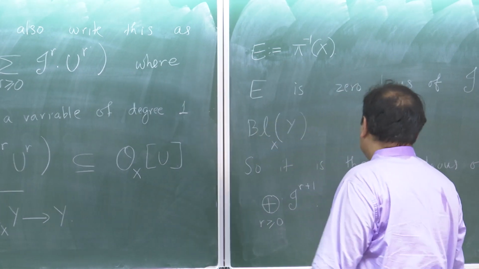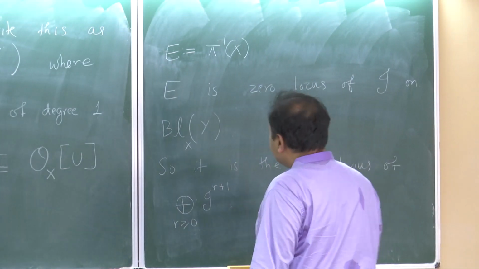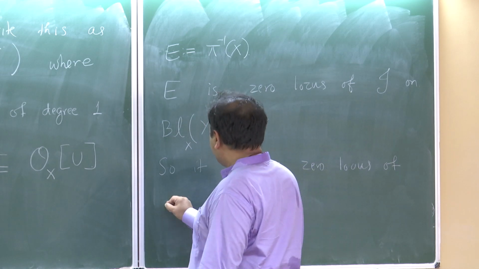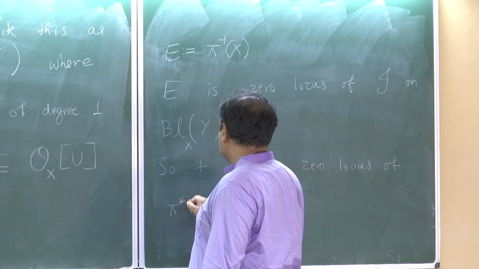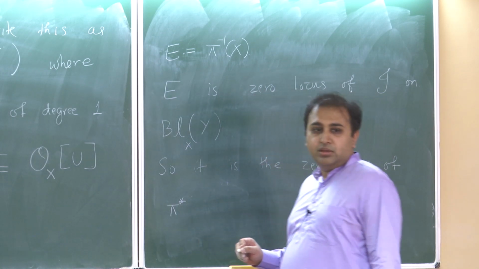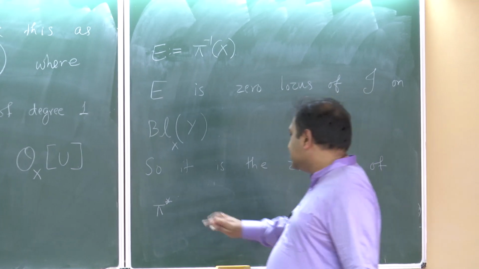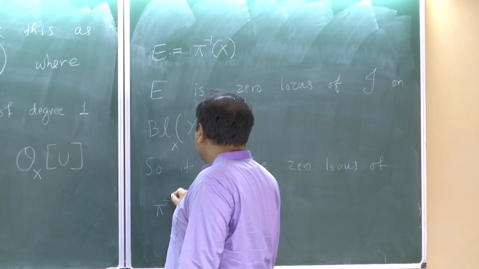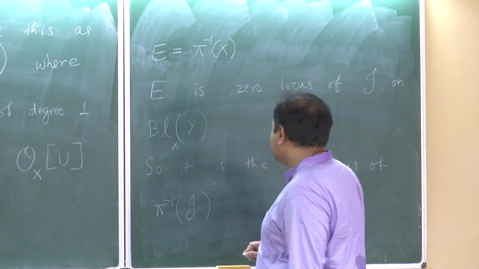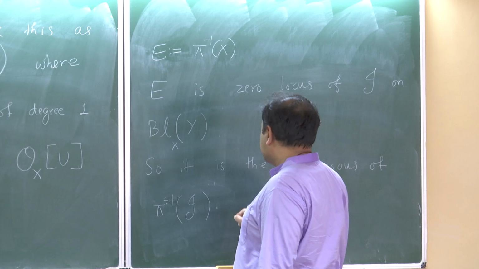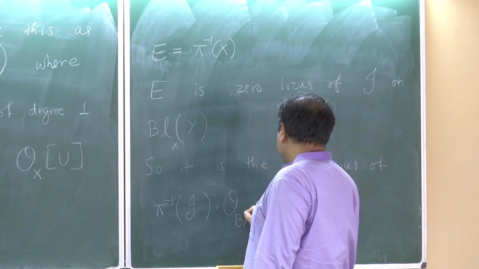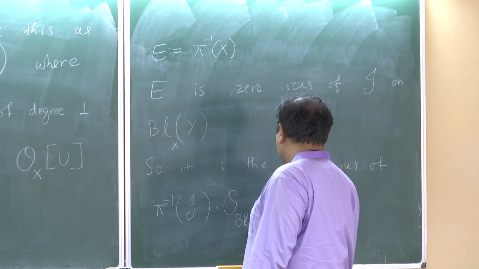So pi inverse I times the structure sheaf of the blow-up. Pi upper star is not exactly right, so pi inverse is better.